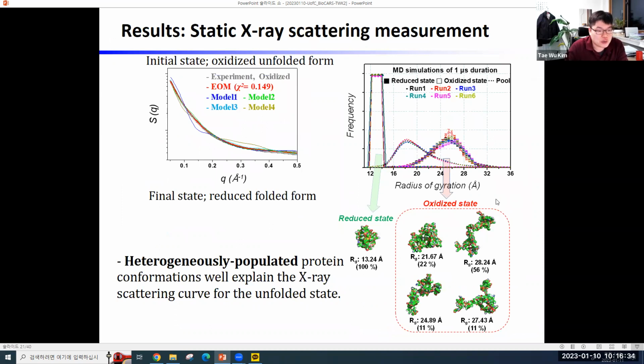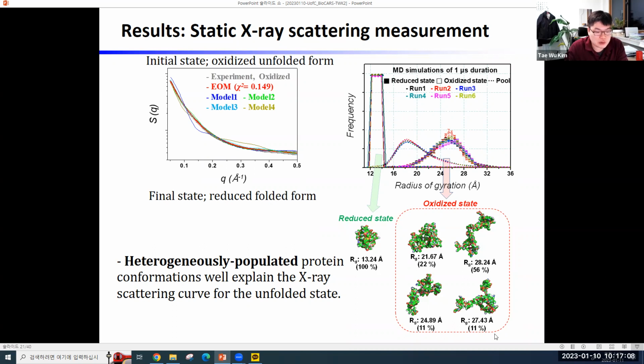This right panel shows the ensemble-based analysis result. As you can see in this picture, the reduced state shows a very homogeneous population as a function of the radius of gyration. This state shows a very well-organized folded structure. But the oxidized unfolded state shows very heterogeneous ensemble information as a function of the radius of gyration.